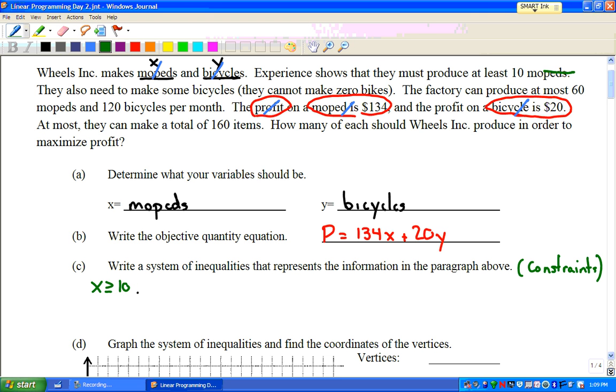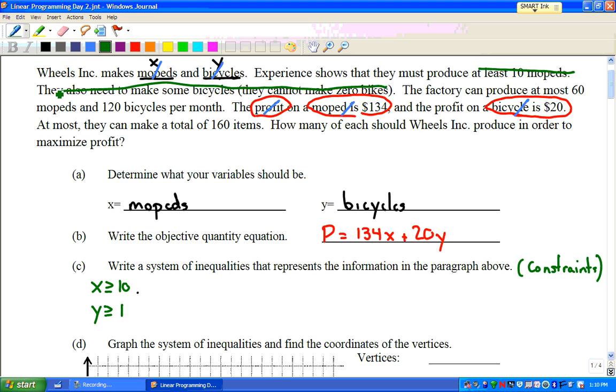I'm going to cross that off. That's one constraint. They also need to make some bicycles; they cannot make 0 bicycles. So y is greater than or equal to 1. They have to make 1. You can't make half a bicycle. That's why I put y is greater than or equal to 1.